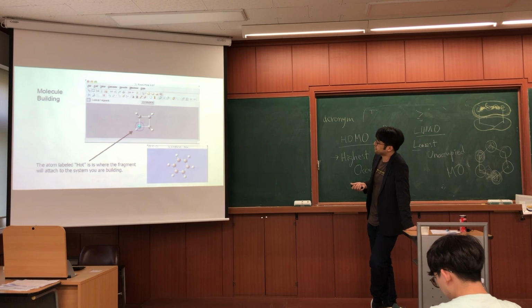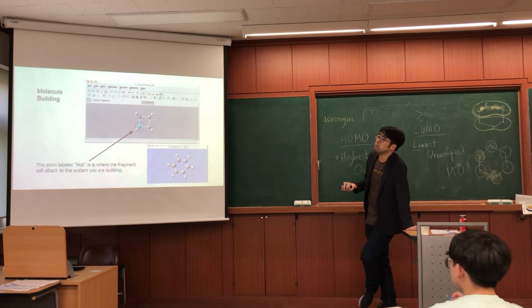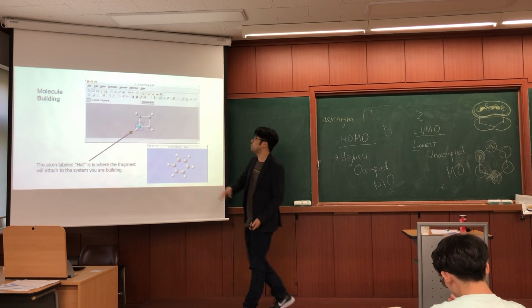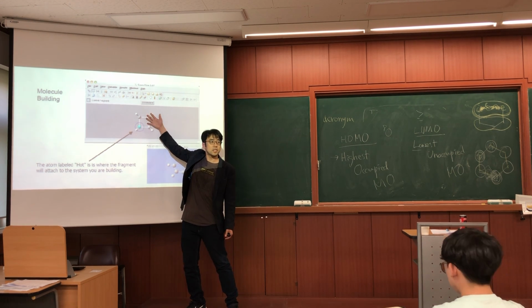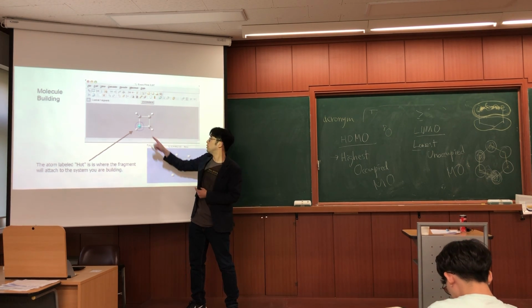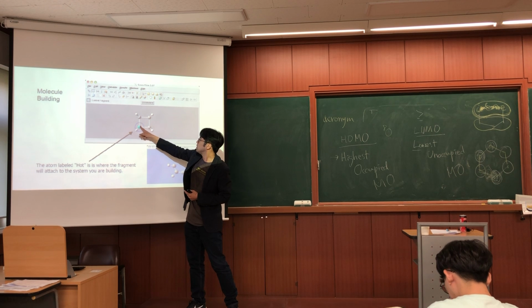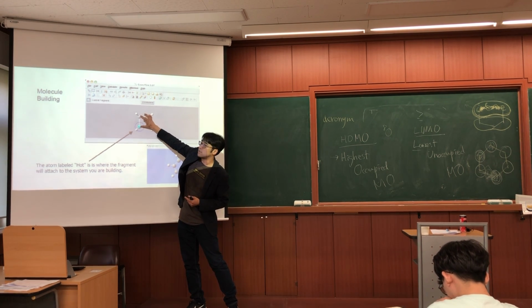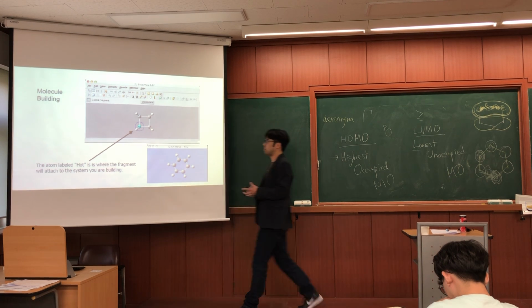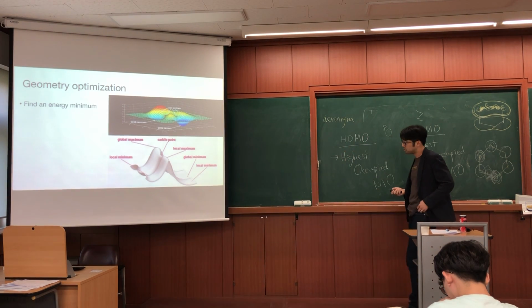After drawing that, you're going to do a geometry optimization. Because by using these tools you can draw these molecules, but they are just the initial guess. You can draw like this, but you don't know the exact length of this CC bond or something like that, right?